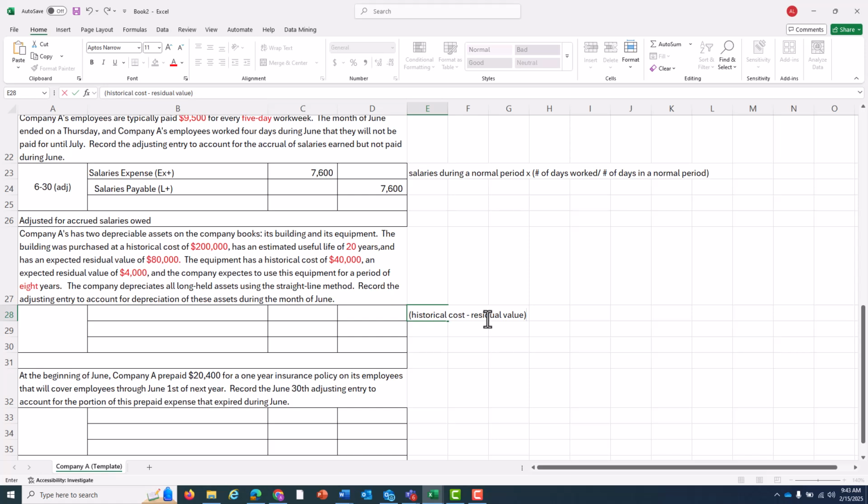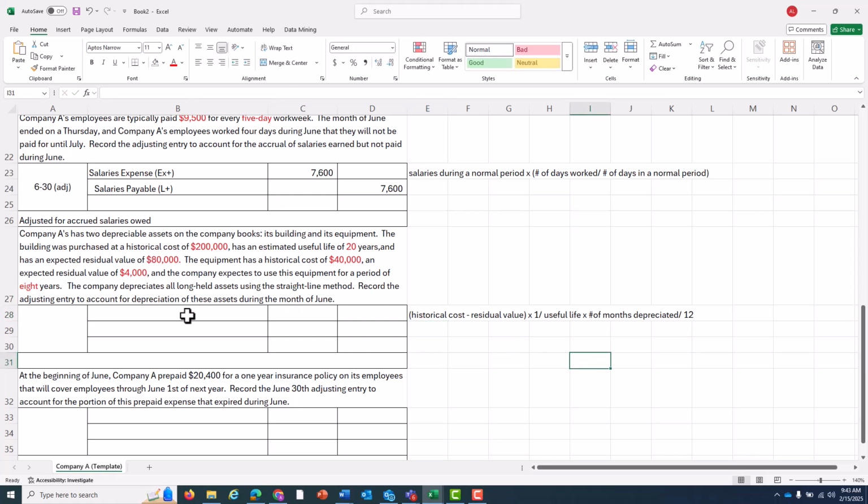And then we're going to break it down into chunks by first multiplying by 1 over how long we think we're going to use the asset for, 1 over useful life. And then we're going to multiply that, since our useful life is in years, by the number of months we are depreciating for over 12.